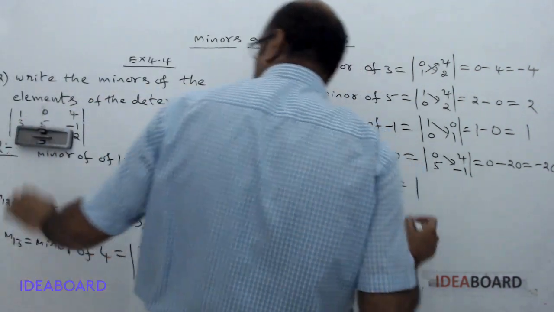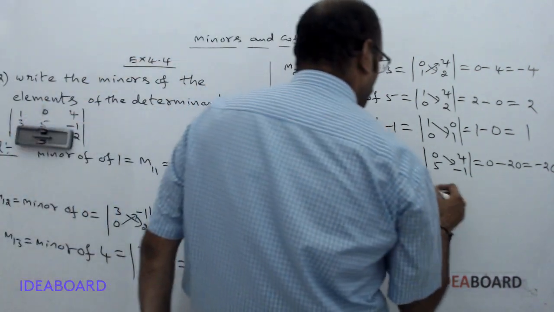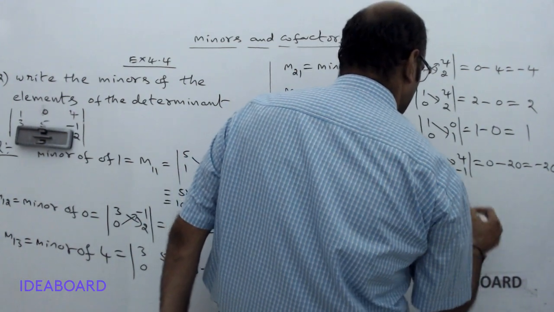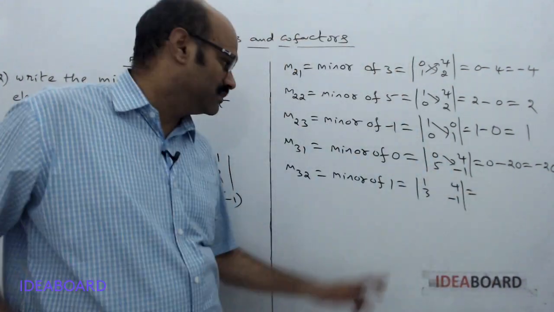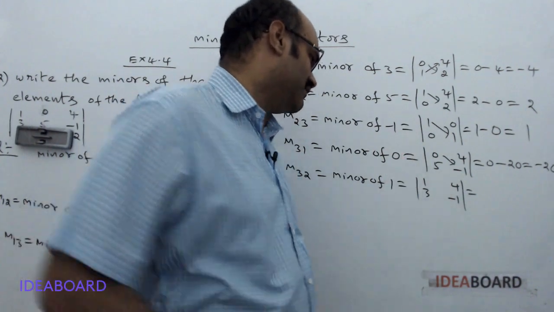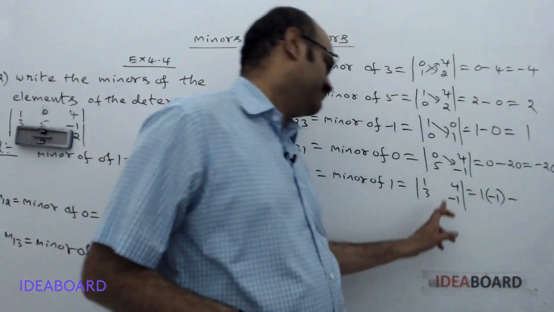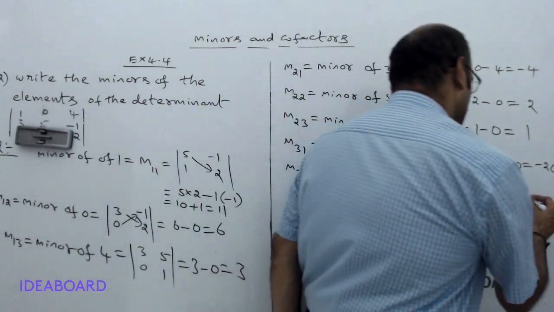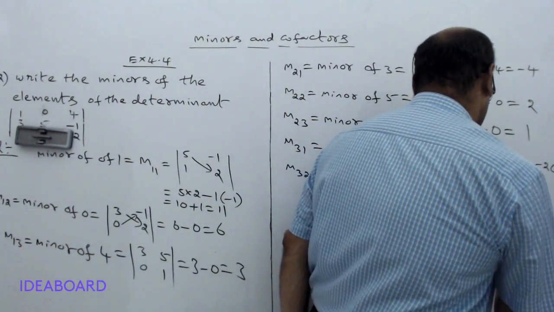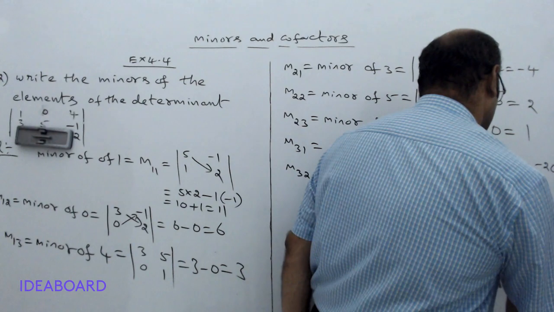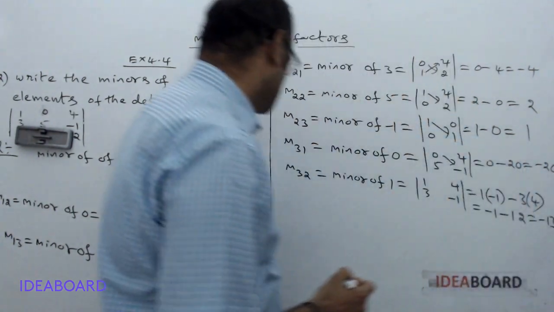That we take in a determinant: 1 into minus 1, minus 3 into 4, equals minus 1 minus 12, equals minus 13.